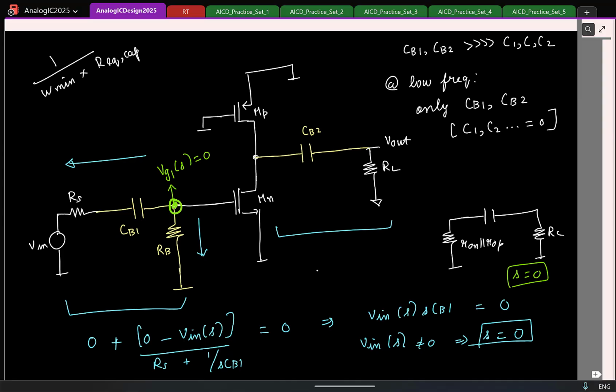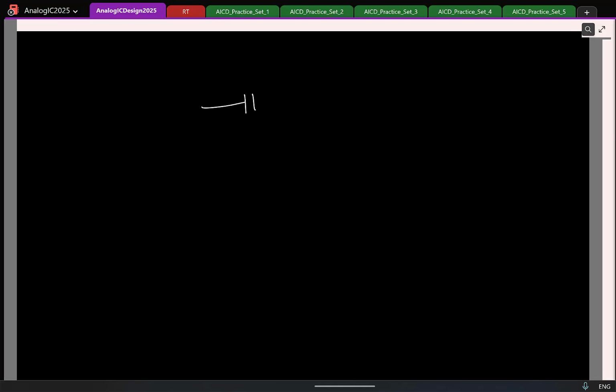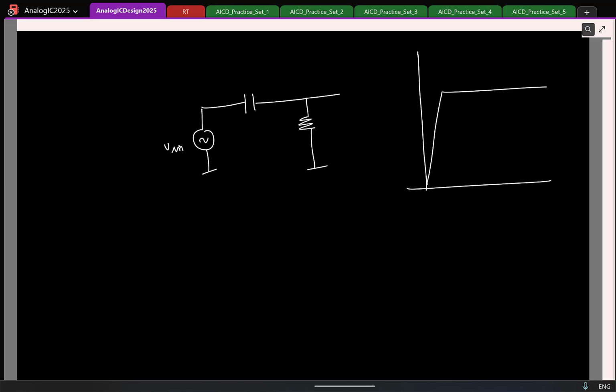A capacitor makes sure 0 DC current flows in steady state. So DC is blocked and all the other frequencies are allowed. So what we have is essentially something like this. This will have a Bode plot like this, right?